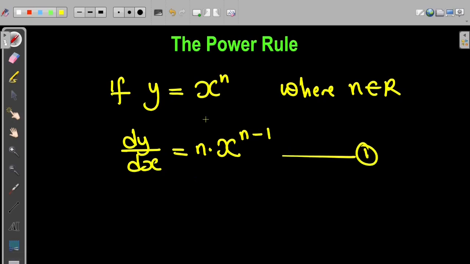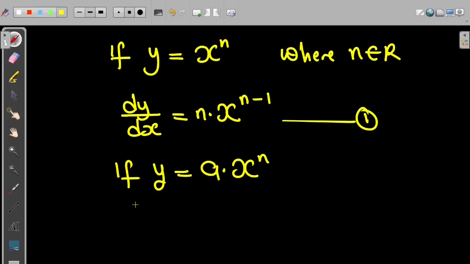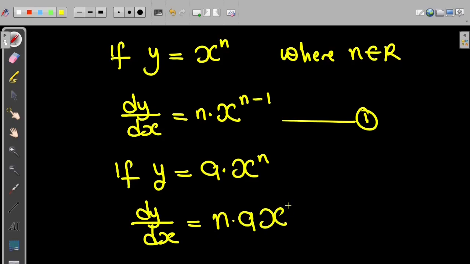Now, if x to the power of n is multiplied by a constant, say a, that is, if y is equal to a multiplied by x to the power of n, then the derivative of the function is dy over dx equal to n multiplied by a multiplied by x to the power of n minus 1.